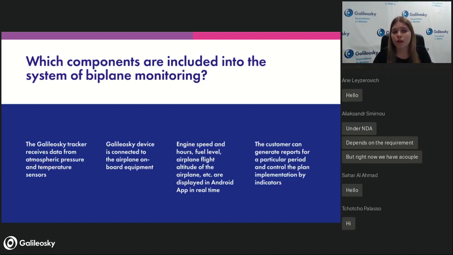Moreover, they created an Android application to display engine speed and hours, fuel level, and flight altitude of the airplane, so the dispatcher controls all the important parameters of the airplane performance online. It significantly simplified the monitoring process, actually.